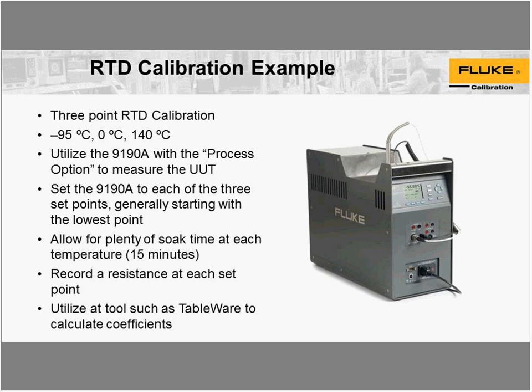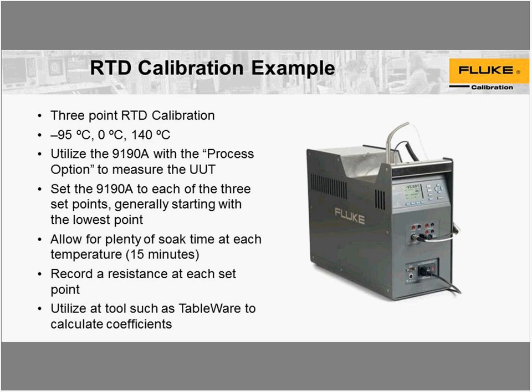All right, I'm going to run through a quick RTD calibration example using our 9190 drywell here. It's one of our units that goes really cold and has a fairly good upper end. What we would do is set up the unit, and typically when you're calibrating, you go cold to hot.